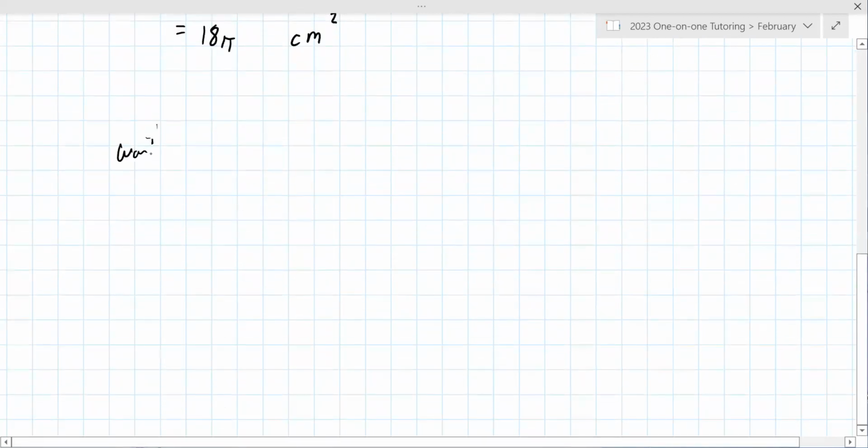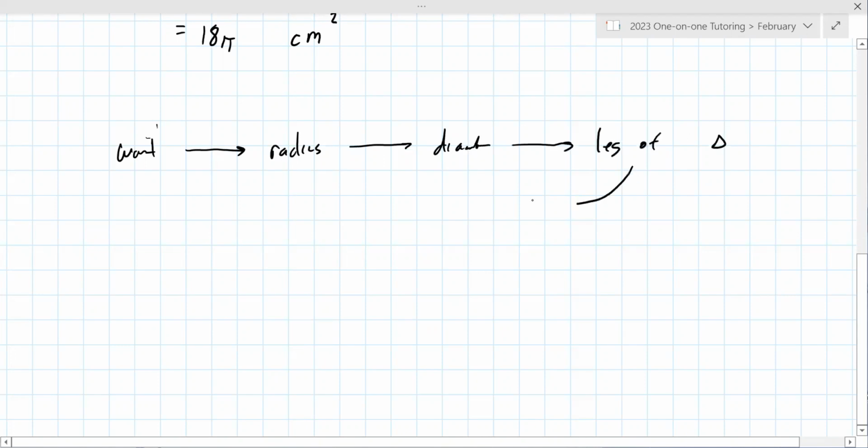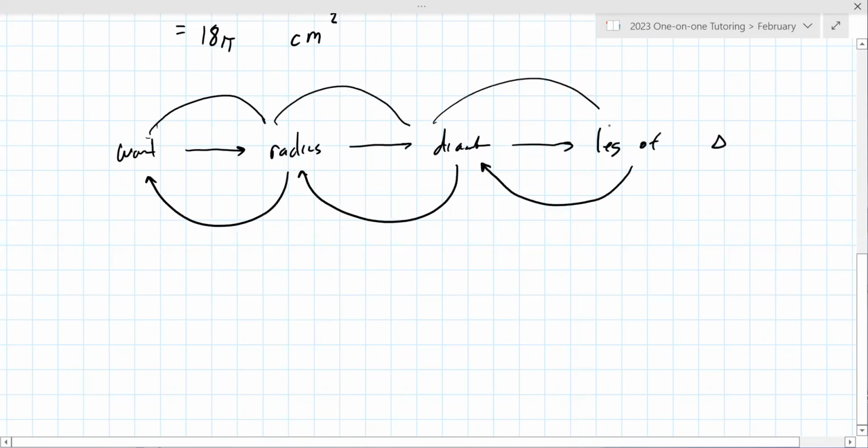It's what do I want? I want the radius. I can get the radius from the diameter. The diameter is the leg of the triangle. So when I get the leg of the triangle, that's the diameter, then I can calculate the radius, then I get what I want. So you go until you have something or can calculate something, then you go backwards.